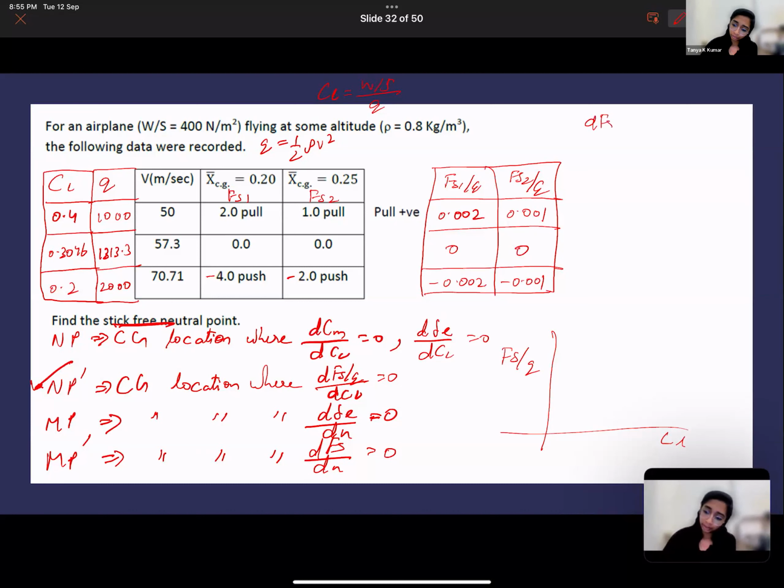So dFs1 by Q by dCl. What is the first one? Slope of this first line. Just take the first and last point for simplicity.